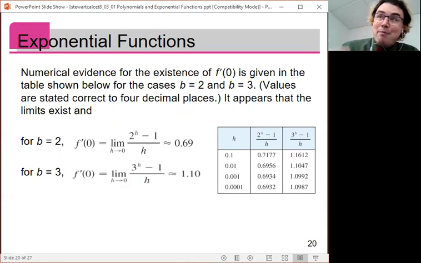So this ties back into my observation from before that these exponential functions have different slopes. So if I'm allowed to choose the number b, I theoretically would be able to control the value of this limit.